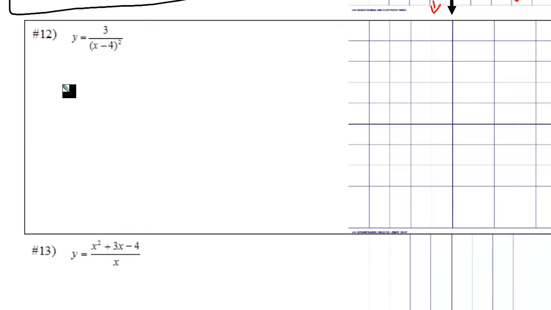Number 12, this resembles the parent y equals 1 over x squared. This times 3 stretches it vertically by 3. This minus 4 translates it to the right 4.